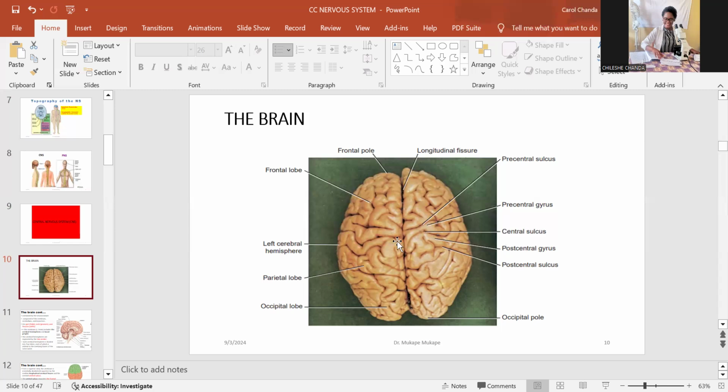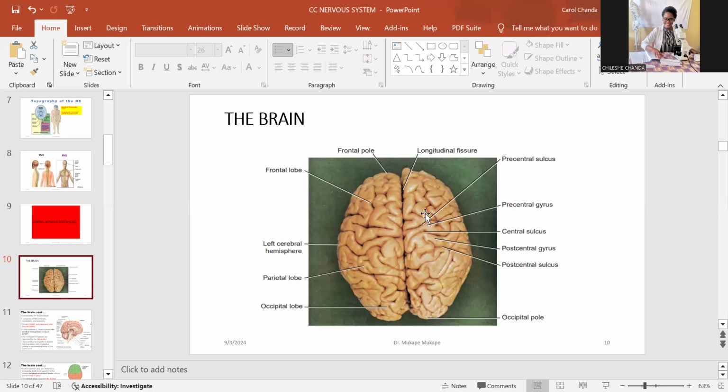So there are these two cerebral hemispheres, the left and the right. They are divided in the middle by this very deep fissure, known as the longitudinal fissure.